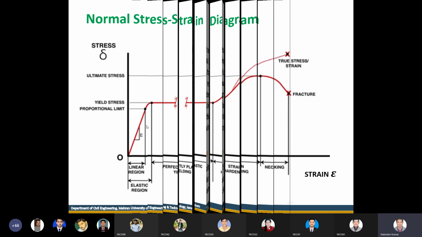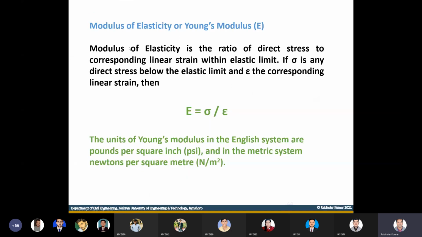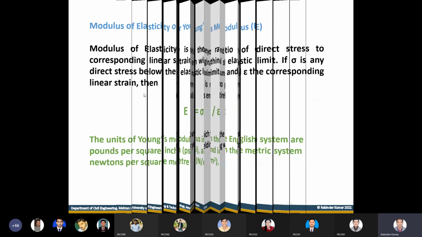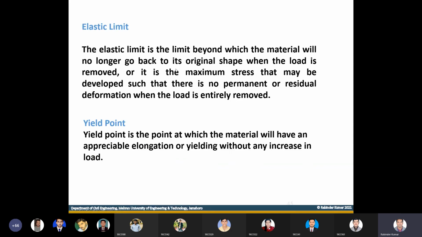Now some descriptions are written. How will you define the proportional limit? Just read it by yourself. What is the modulus of elasticity? It's a ratio of stress to strain. Elastic limit, I told you, is the limit beyond which the material will no longer come back to its original shape.